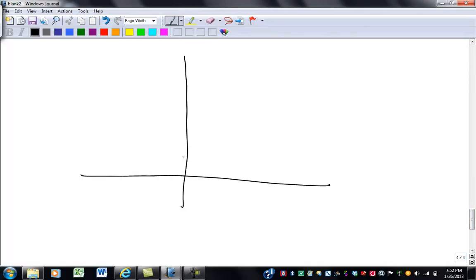If I have a graph, y values and limits aren't necessarily the same thing.